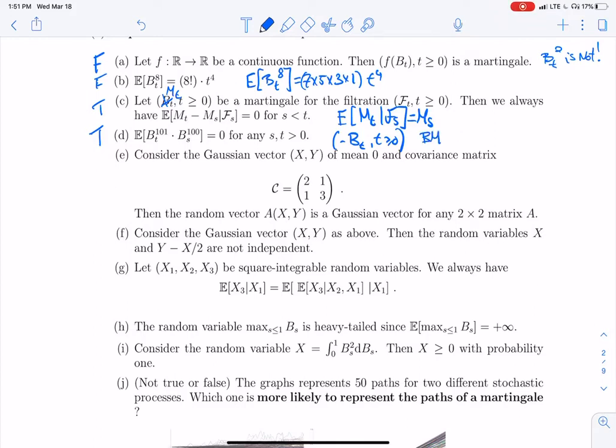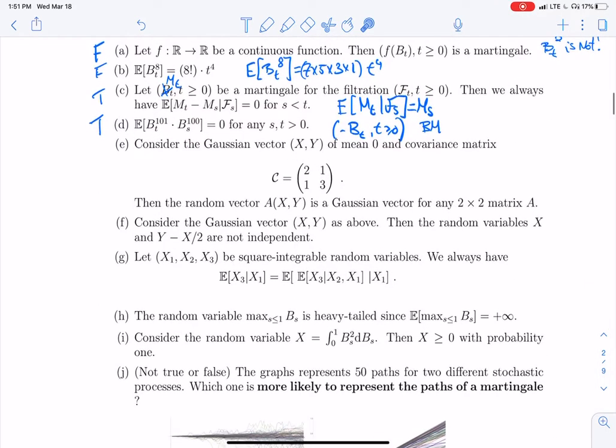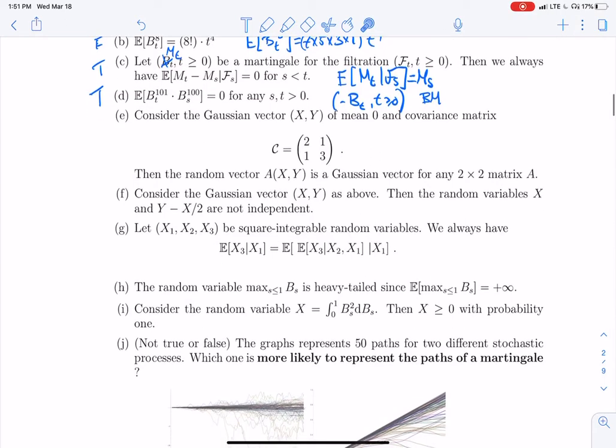So the expectation, I take minus Bt and minus Bs, and the trick here is the even power gives you 1, and minus 1 to an odd power is minus 1. So this equals minus itself. All right.